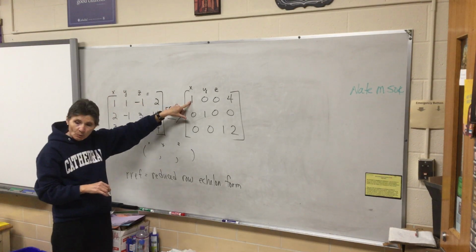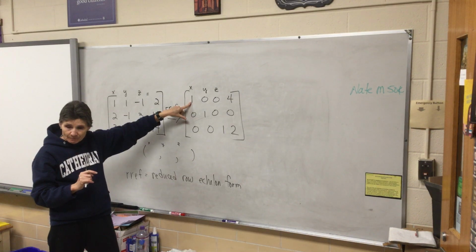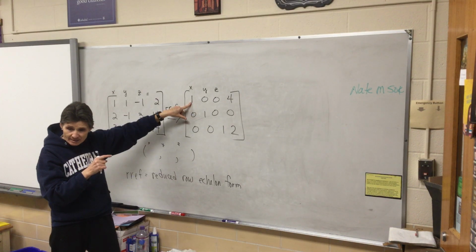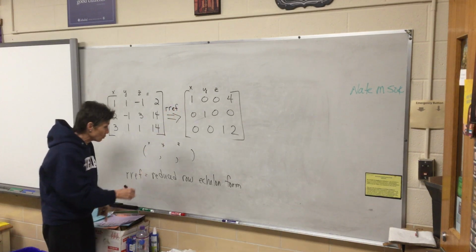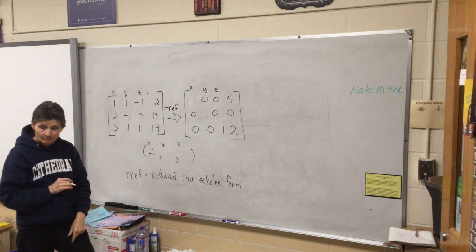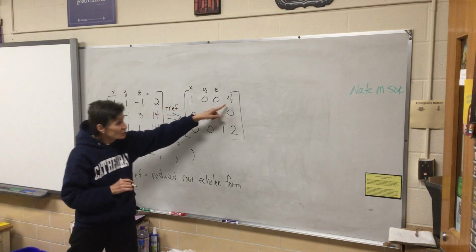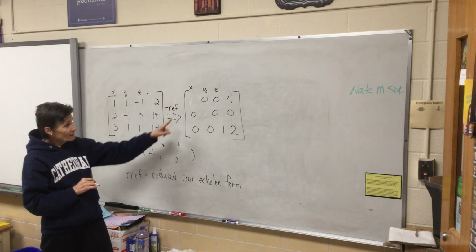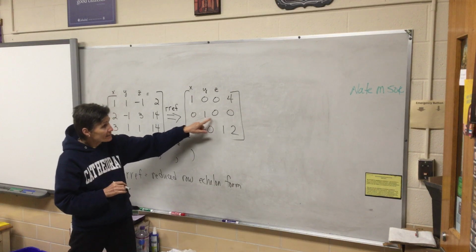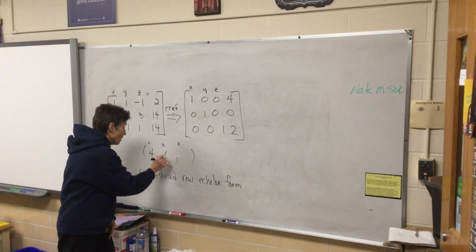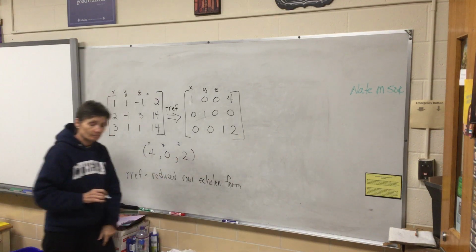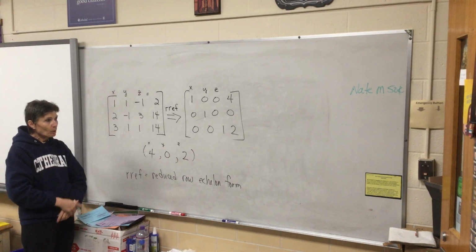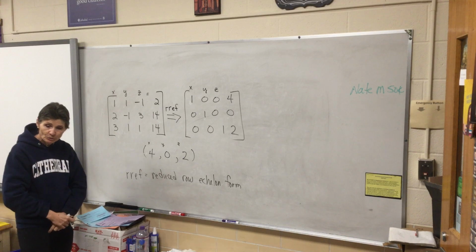Well, what does that top equation now say? 1X, no Y's, no Z's, equals 4. So guess what? X equals 4. That's what that equation says. What does the middle one say? Y equals 0 and Z equals 2. So the answer to the problem is 4, 0, 2.